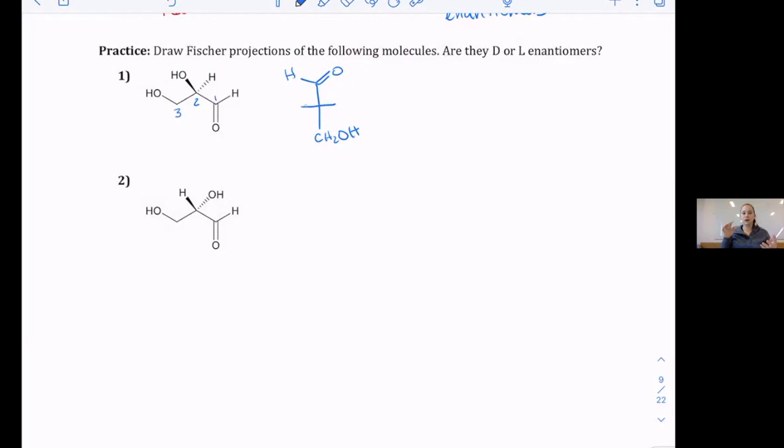You've got to do kind of mental gymnastics right here. So that the oxygen and the hydrogen, which were like this, now are going to come up like this. So if my pointer finger was the oxygen coming out towards me, and the hydrogen was my ring finger, if I picked those up and pointed them towards me, the oxygen is then on the right, hydrogen is on the left.